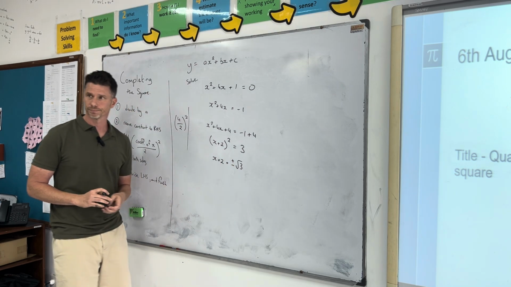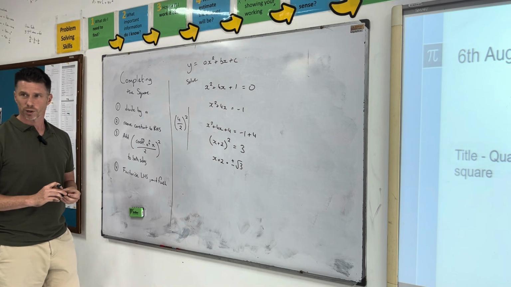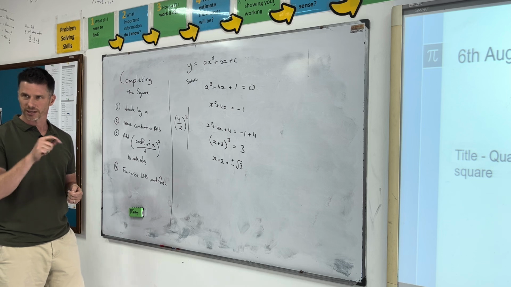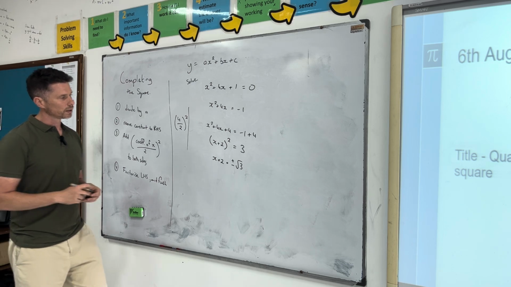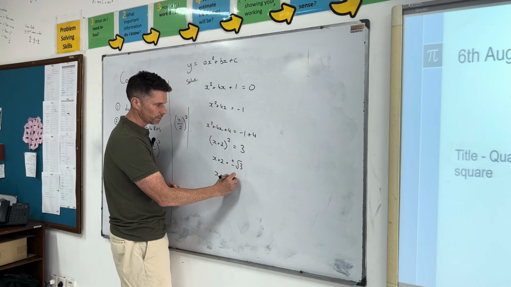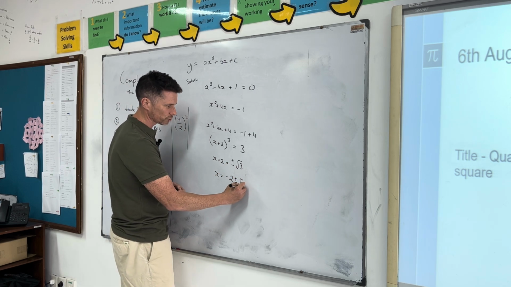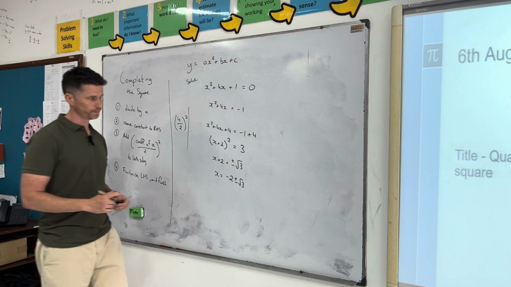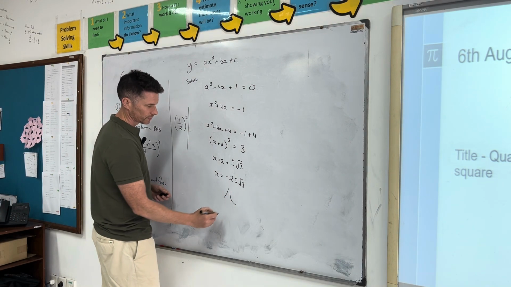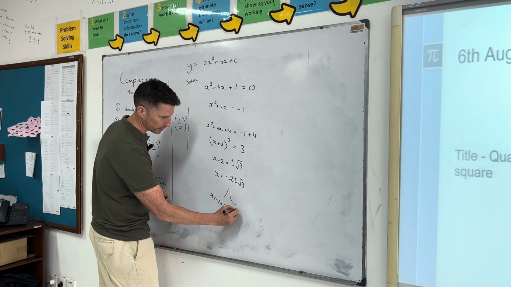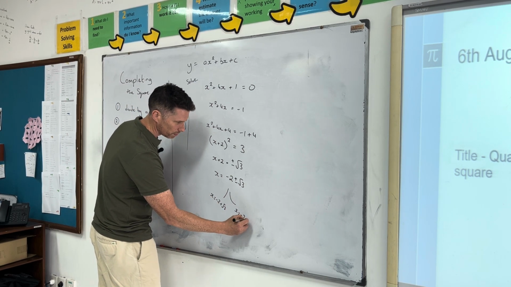Could be either. If I get a square root, it could be plus or minus. A cube root, it's the sign that it is. x equals minus 2 plus or minus root 3. There are 2 answers. x can be minus 2 plus root 3, and x is minus 2 minus root 3.